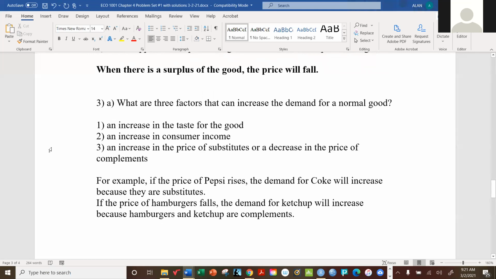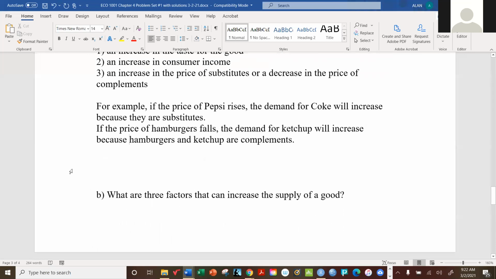All right, let's see. What else do we have down here? Oh, three factors. Oh, wait, I was supposed to do all six of them. Sorry, hold on a second. Number 4 would be the expected future price of the good rises.